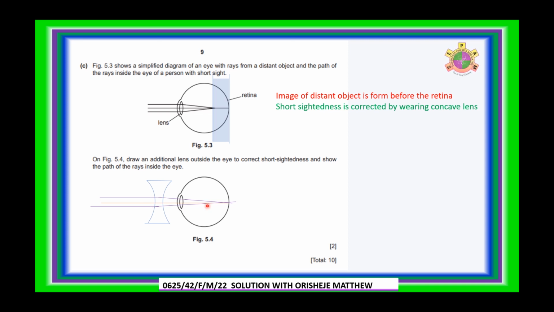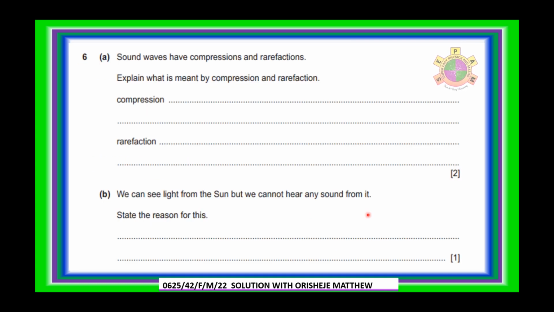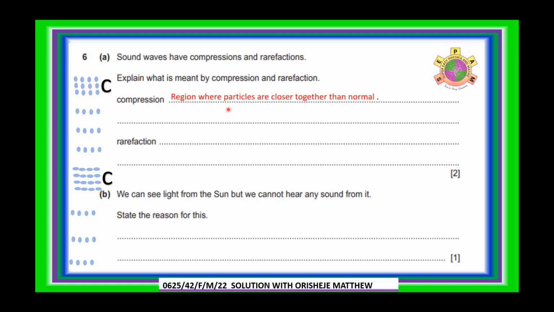Sound waves have compressions and rarefactions. Explain what is meant by compression and rarefaction. So you have this. Compression is the region where particles are closer together than normal, or where the pressure is higher than normal.